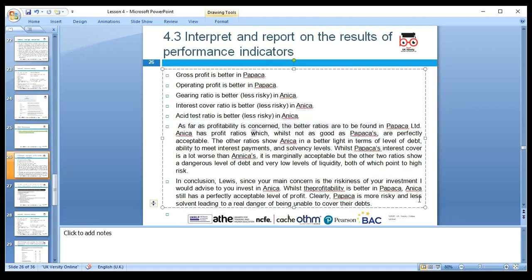Anika's profitability ratio is not as good compared to Paprika, but is perfectly acceptable at 45% and 52%. The other ratios of Anika are better than Paprika.